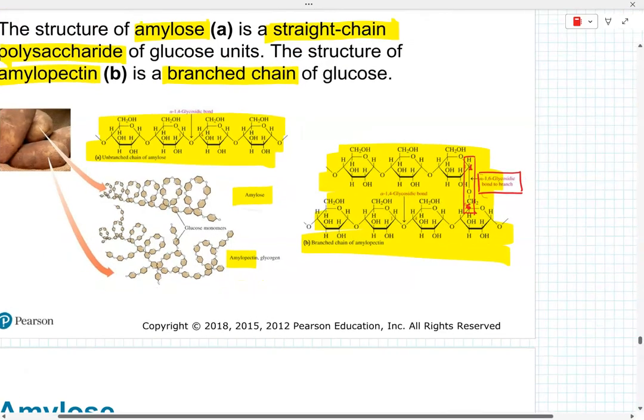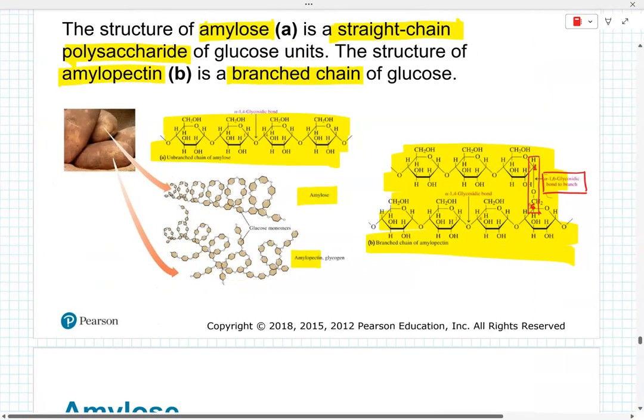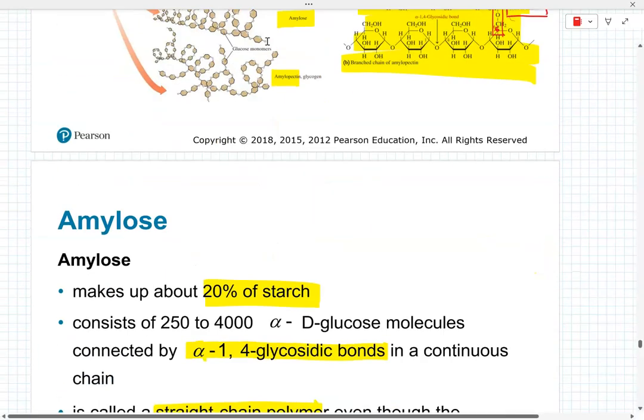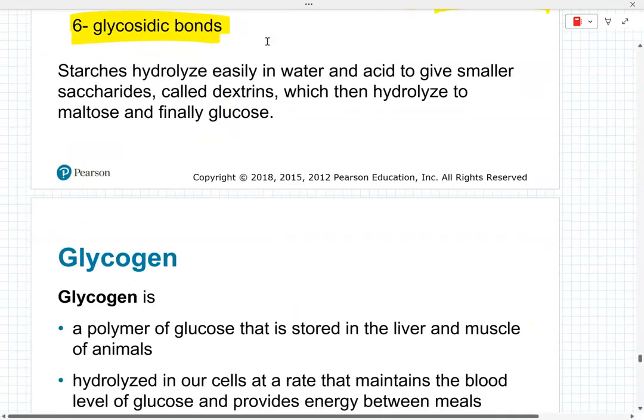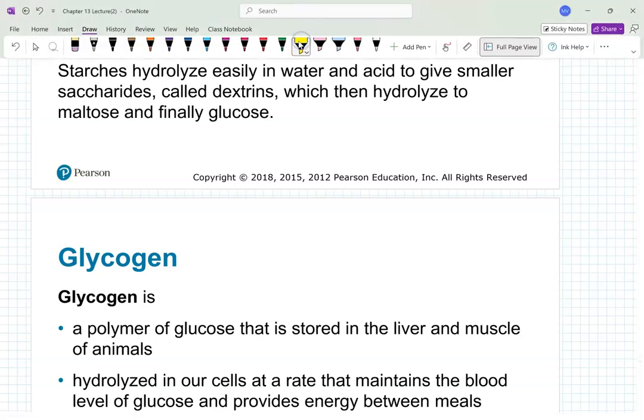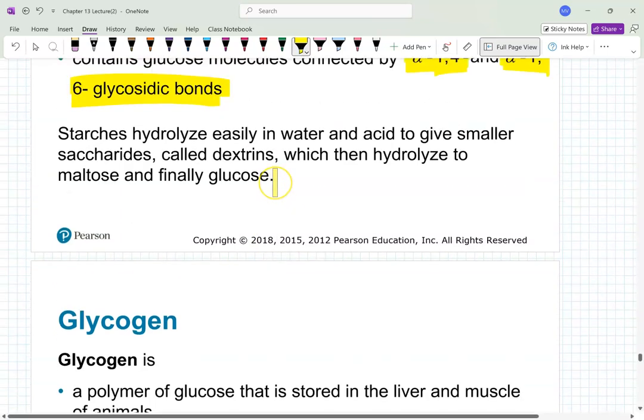Actually, you can prove to yourself that amylose and amylopectin, in other words, starch, consist of glucose. Can you digest starch? Yeah. So, the digestion of starch starts in your mouth, okay? Look at this.